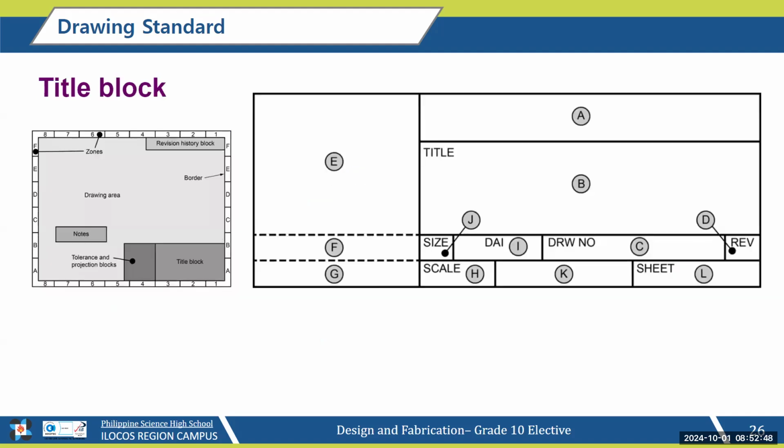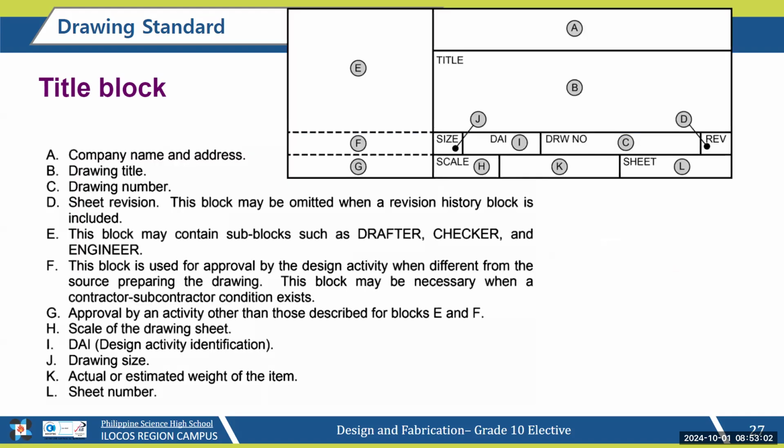Now let's take a look at the title block, which is an essential part of every engineering drawing. It provides us key information to ensure the drawing is properly identified and understood. As shown in this example, the title block typically includes the following. You have the company name and address in order for us to identify who prepared the drawing.